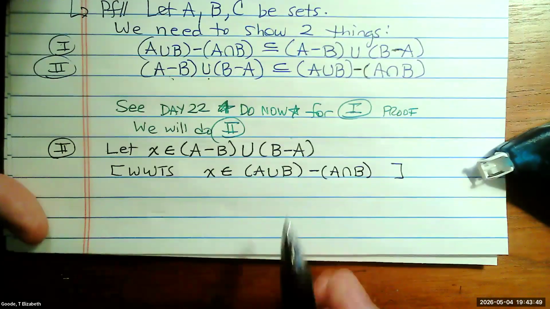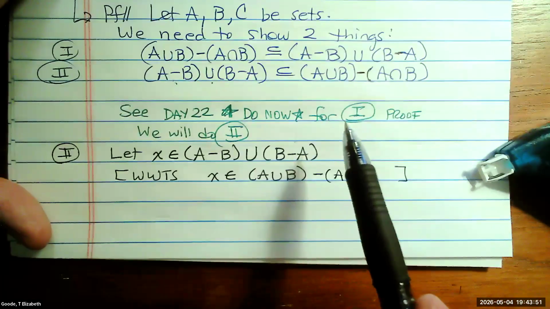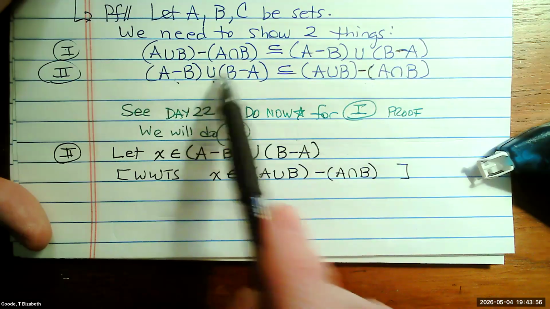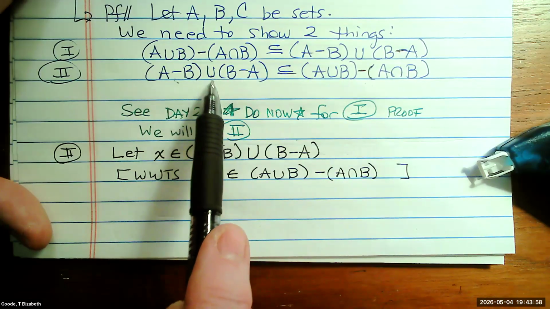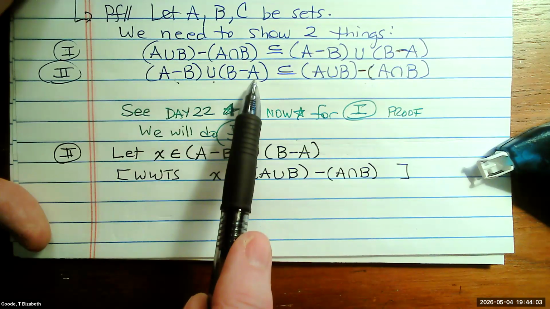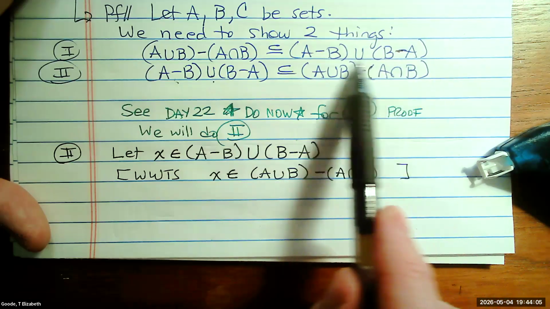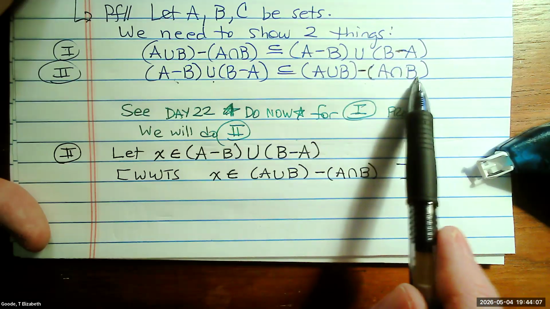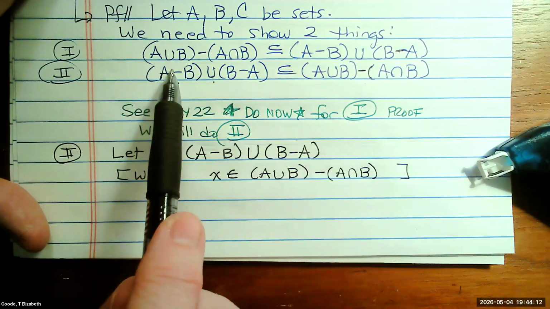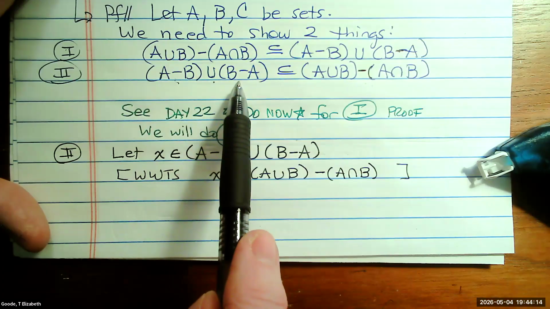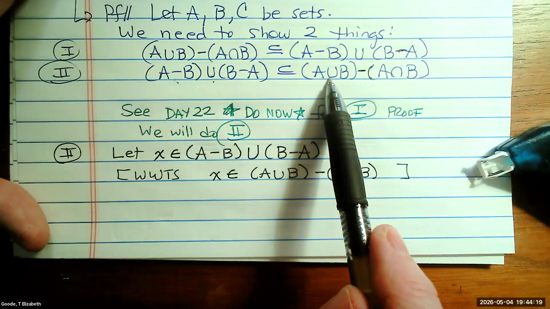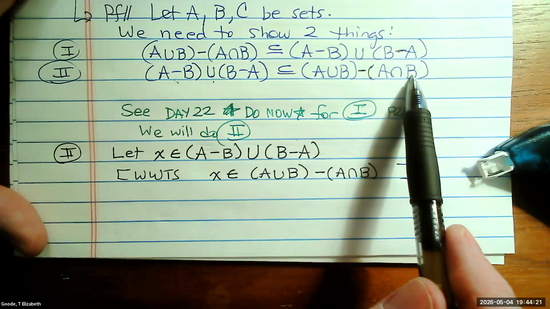So that's the first thing you need to understand when we're proving subset inclusion: you take an element X from the subset, and you wish to show the element lives in the superset. Because the definition of subset is if X is in (A minus B) union (B minus A), then X has to be in (A union B) minus (A intersect B).